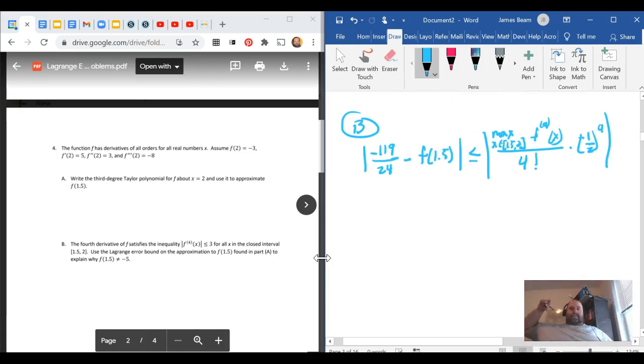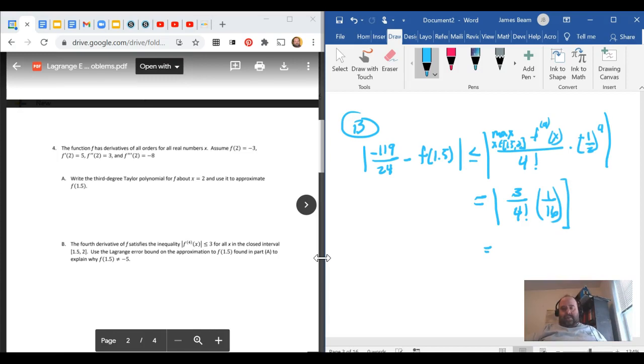Because that's the largest gap there. So I know that this has to be 3 over 4 factorial times 1 over 16, right? The 4th power, I think, is 16 there.